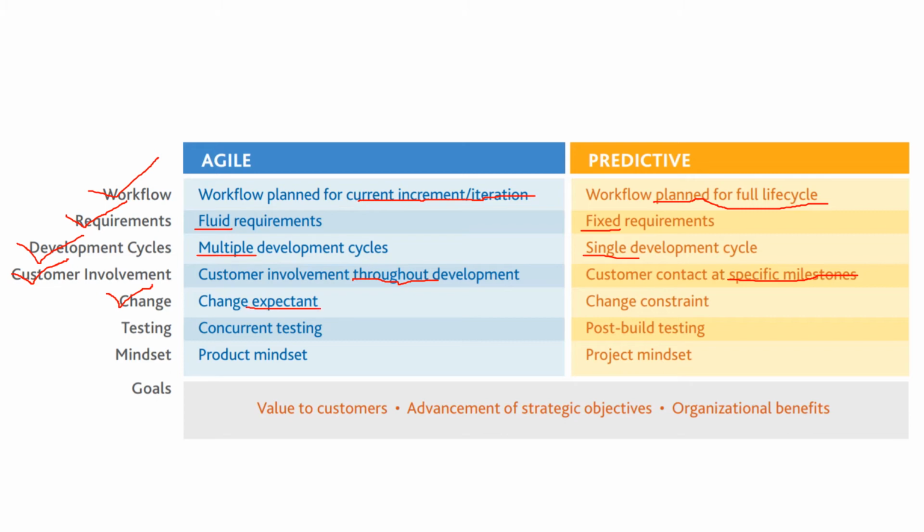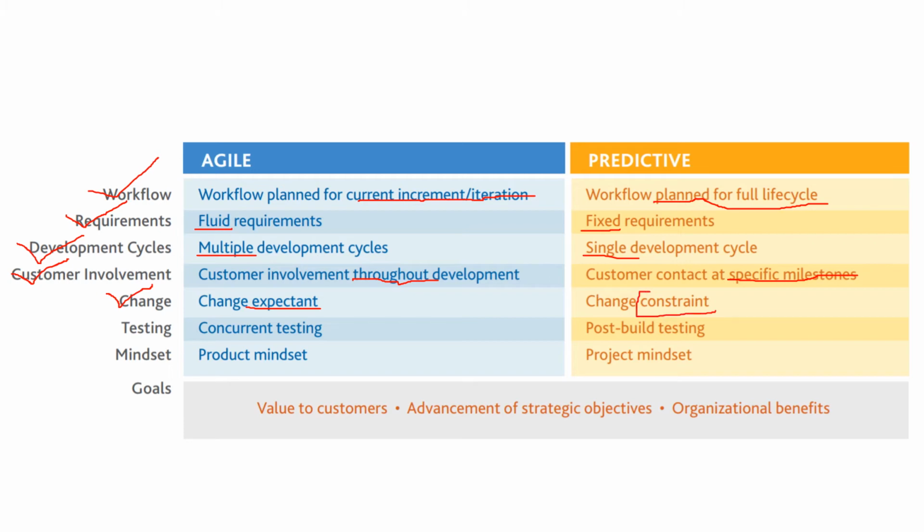That means changes are expected throughout the project, right? So it's not like a predictive model where the requirements are frozen in the beginning and changes are not expected. Agile expects change, agile acts on change, and the entire flow of agile is such that changes can be accommodated, while in the predictive model, change is seen as a constraint, right?